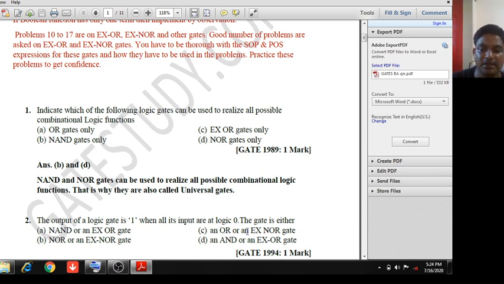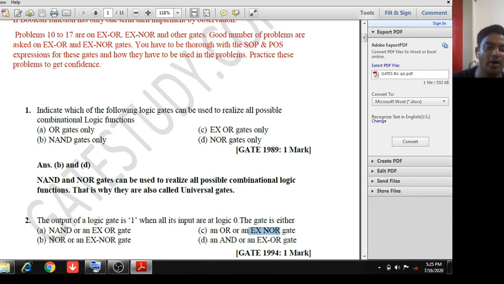In XOR case, if there is 0 0, output will be what? XOR gate 0 0 means even number of ones, so output will be 1. So again this is not correct.